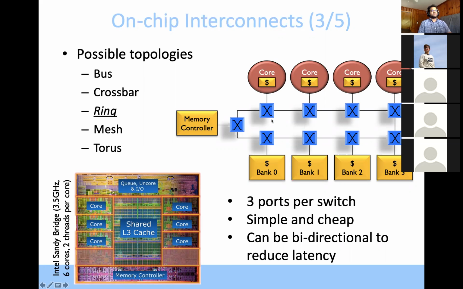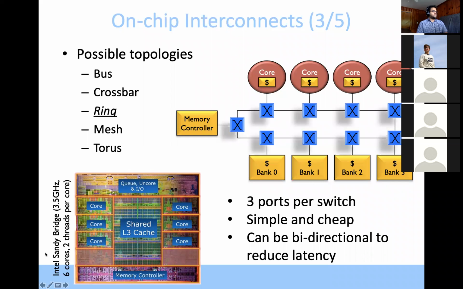So you can come out of the core and then go left or right. You can go to the memory controller, you can access coherence traffic between the cores. You can send access requests to any of the banks and so on. This is a lot simpler and cheaper to implement because the switches have fewer ports, there are fewer switches overall, and there's less wiring. And you can move in either direction to reduce latency.